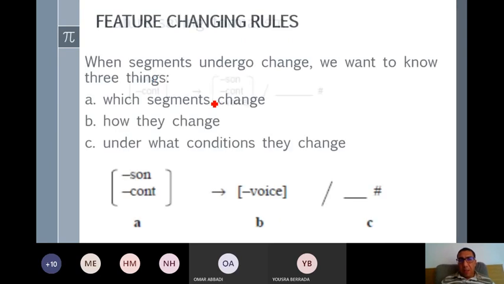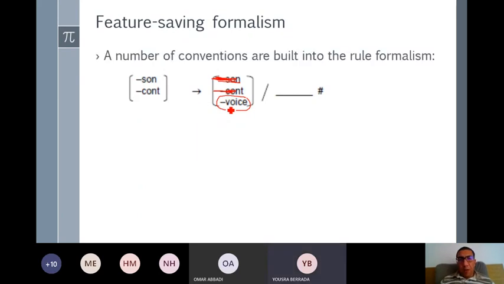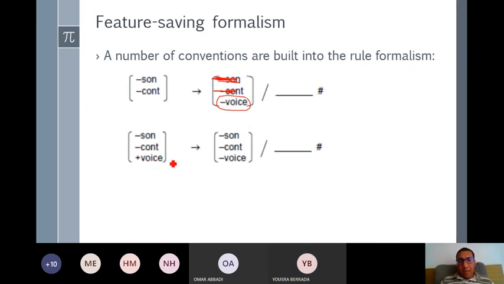We only keep the feature that changes, which is minus voice. And to avoid redundancy, since plus voice becomes minus voice, we do not repeat the opposite of this minus voice.